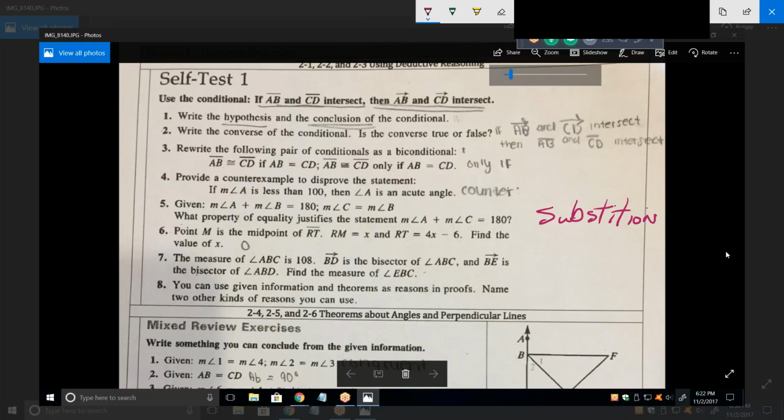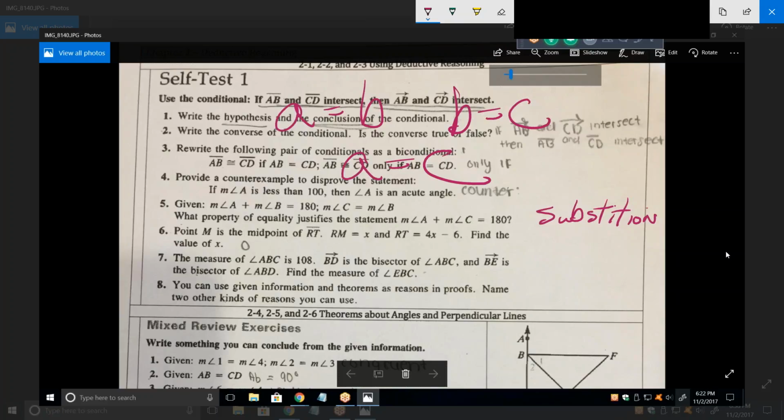I think that's what it is for number 5. What property of equality justifies that? It's not the transitive. The transitive is this, basically. If A equals B and B equals C, then I can say that A equals C.